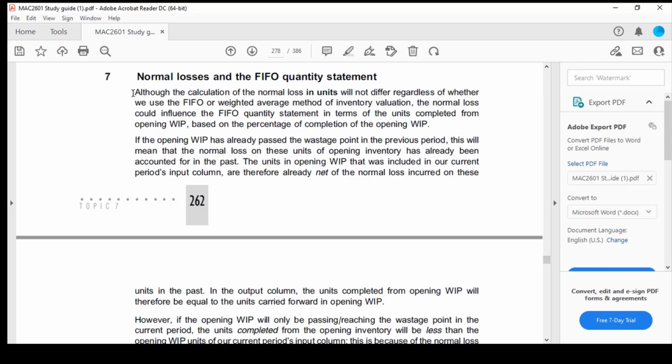Remember at the beginning, we did say that the calculation of your normal loss in units will not differ regardless of whether you're using first in, first out or weighted average valuation. The normal loss influences the first in, first out quantity statement in terms of the units completed from opening WIP based on the percentage of completion.